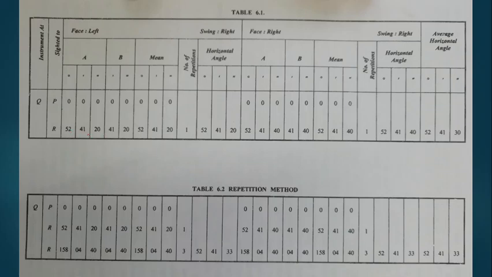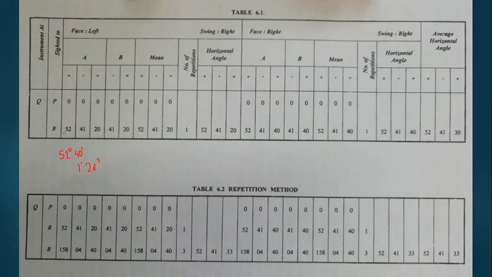Here the main scale reading is 52 degrees and 40 minutes, and maybe the vernier scale reading is 1 minute and 20 seconds. When you add this, it will come to 52 degrees, 41 minutes and 20 seconds.